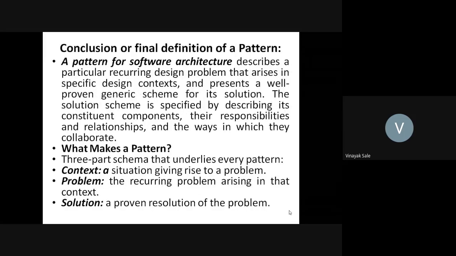So, what is the final definition of a pattern, or what is the conclusion about the above 8 properties? A pattern for a software architecture describes a particular recurring design problem that arises in a specific design context and presents a well-proven generic scheme for its solution.